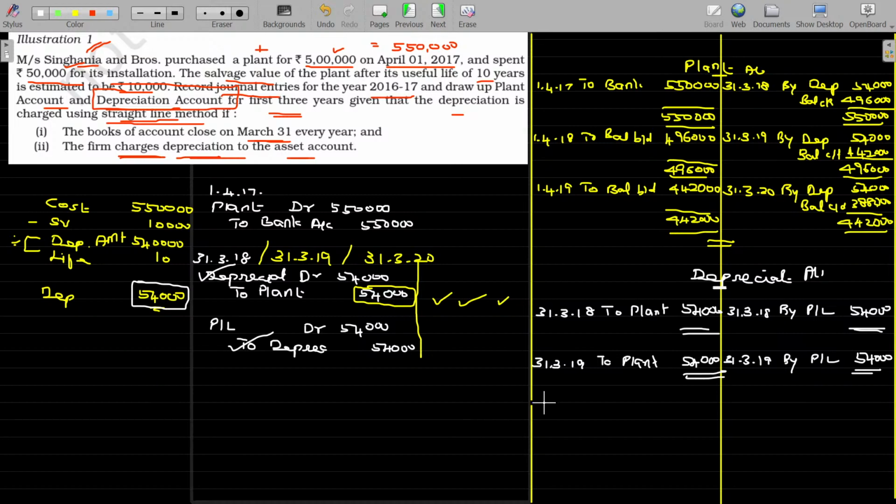The next year will be 31/3/20, to plant. Again the depreciation for the third year is also the same as it is the straight line method of depreciation. Whatever depreciation you subtracted from the asset account is by default transferable to the P&L account as it is a nominal account. We don't have any balances year after year.